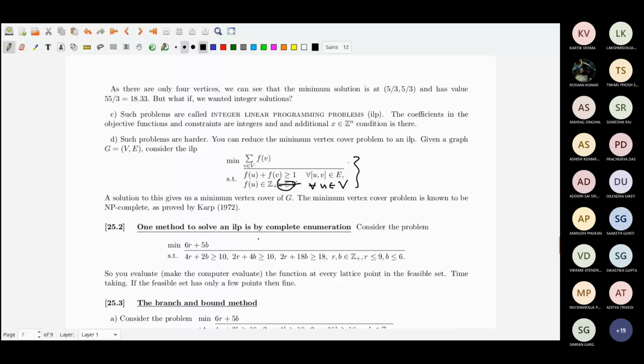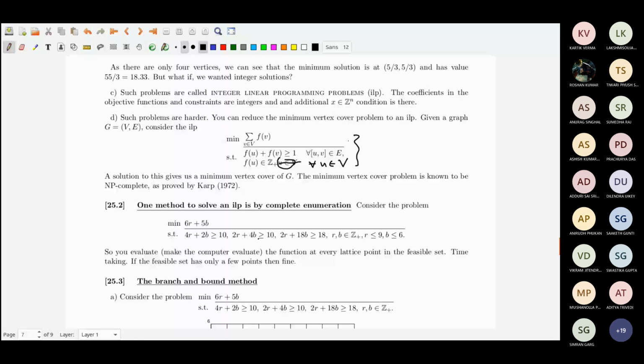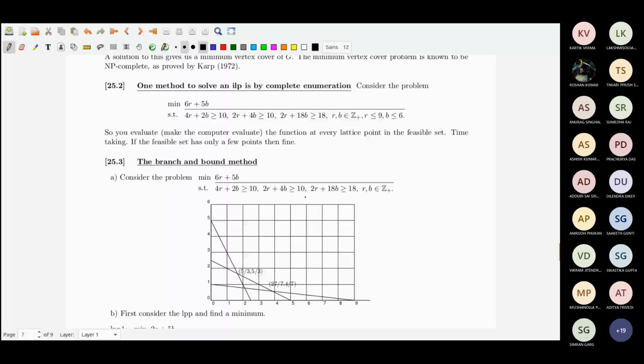So one method to solve an ILP is by complete enumeration. Imagine in my problem I had one more constraint, saying R plus B is less than or equal to this much, on the bottom side. Then there would be finitely many lattice points, that is, points with integer coordinates inside the feasible region.